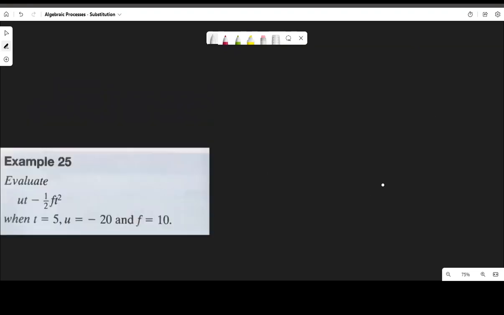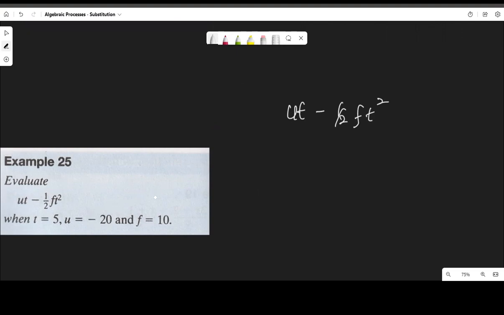The second question says evaluate ut minus half ft squared, when t is 5, u is -20 and f is 10. So ut minus half ft squared.